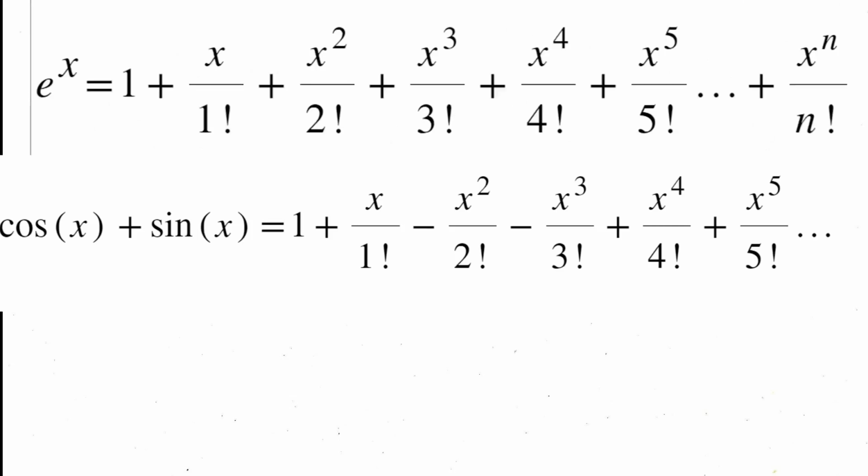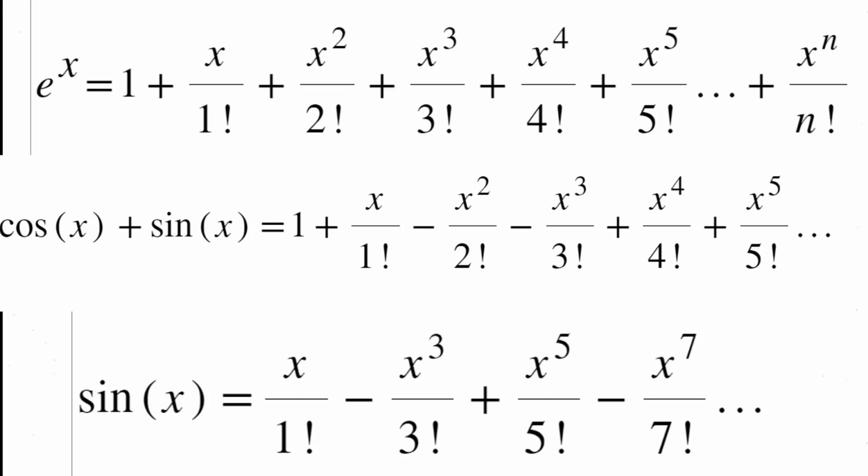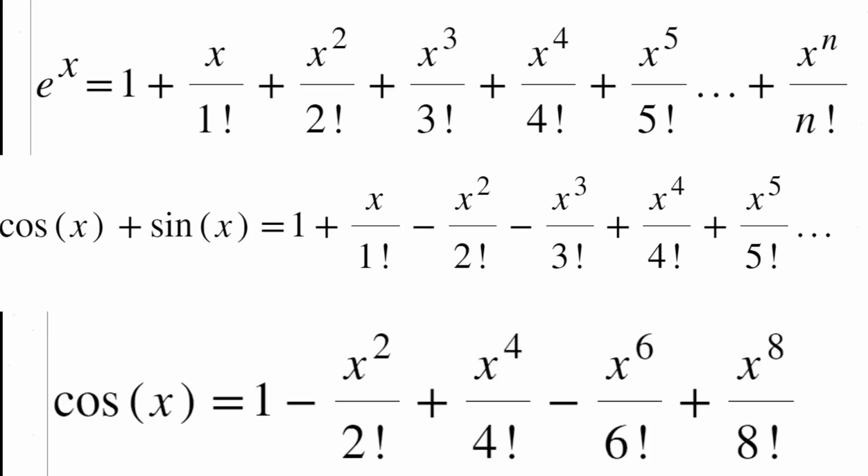So as you can see, when we were dealing with e raised to power x, all the terms were positive. When we were dealing with sine x, the negative and positive terms were alternating. And as we were dealing with cos x, the negative and positive terms were alternating.